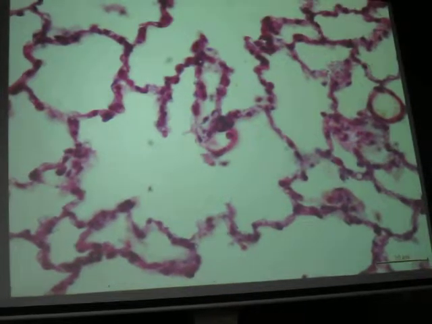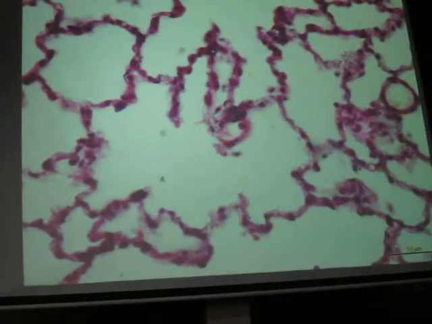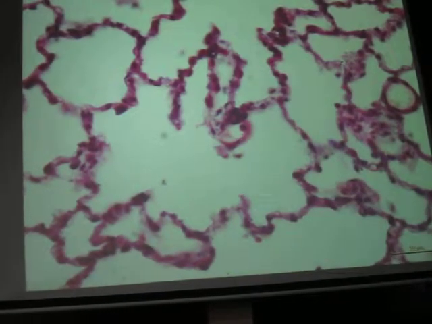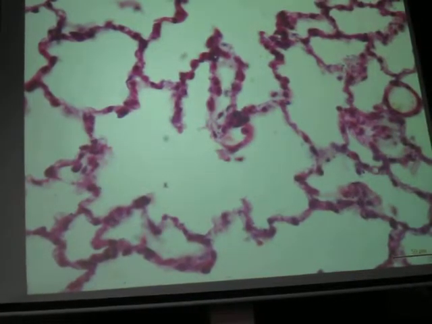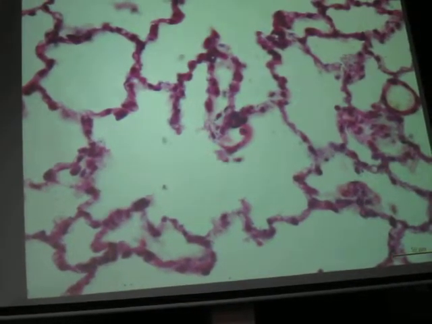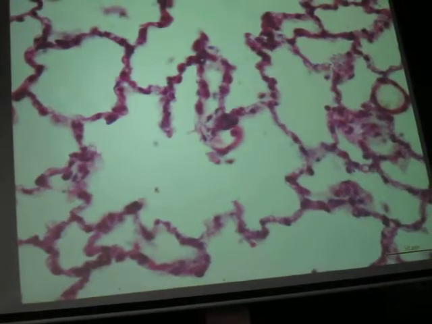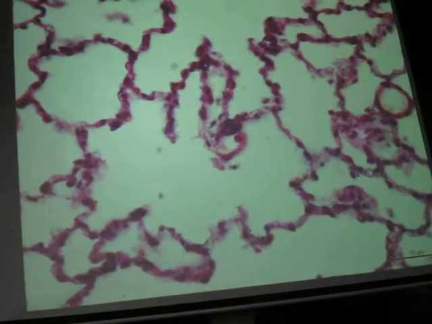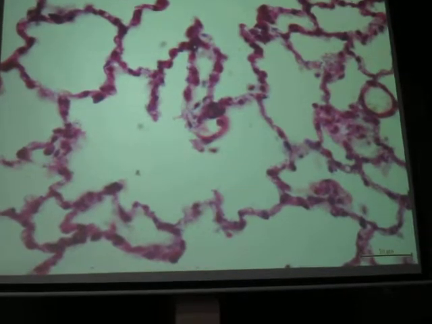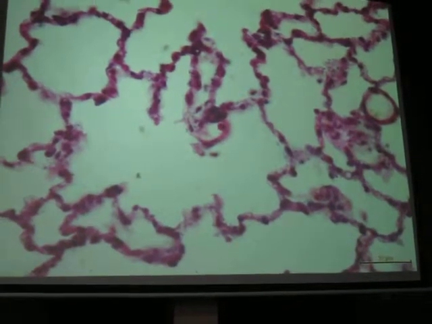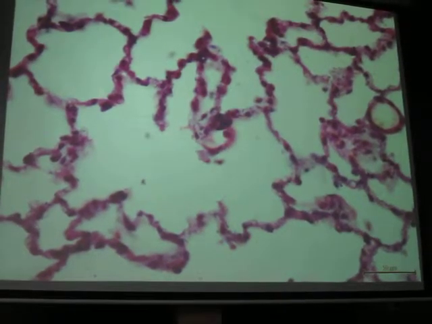What's the function of type 2 aside from producing surfactant? Stem cell. It serves as a stem cell or a progenitor cell. It can differentiate into type 1 or type 2. If you need type 1, it will differentiate into type 1.